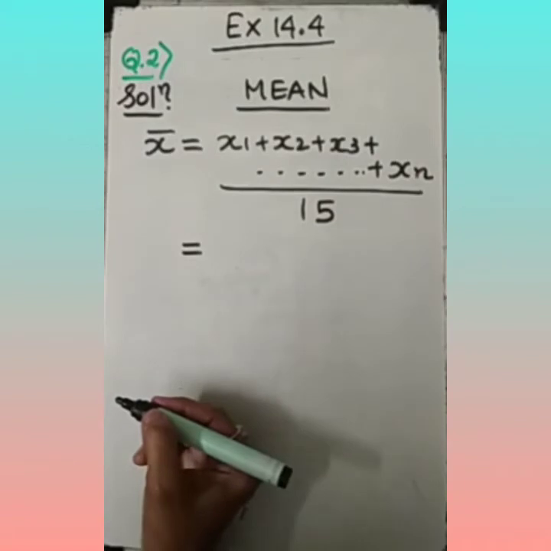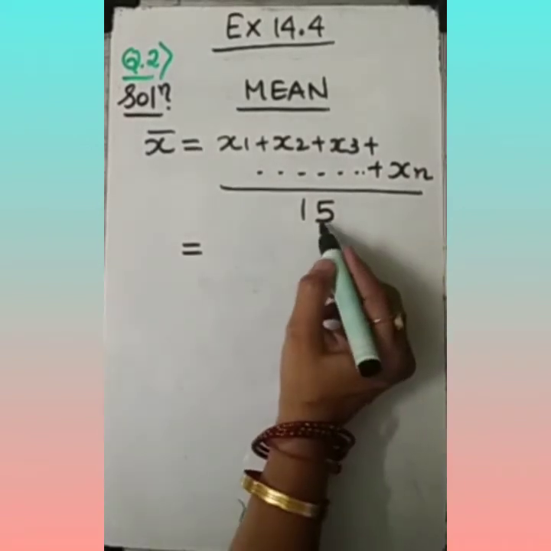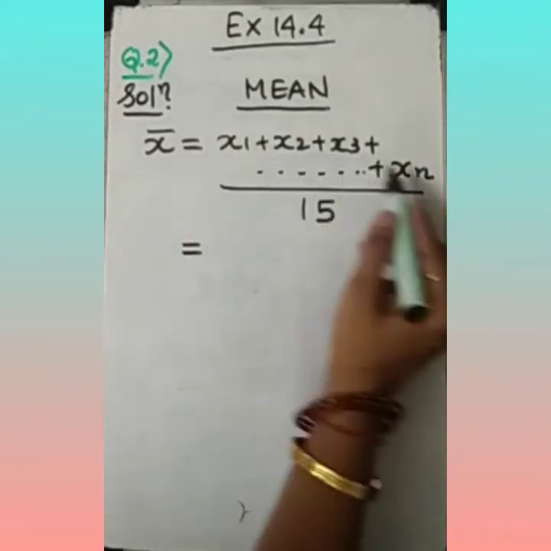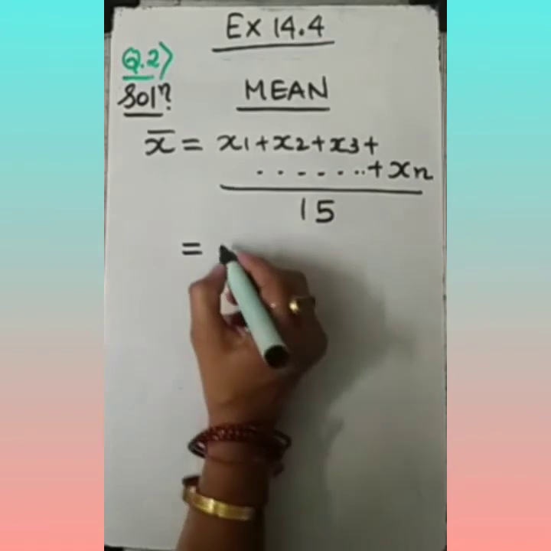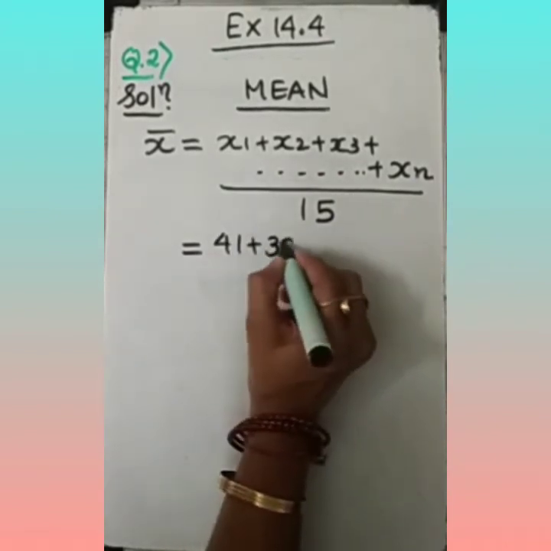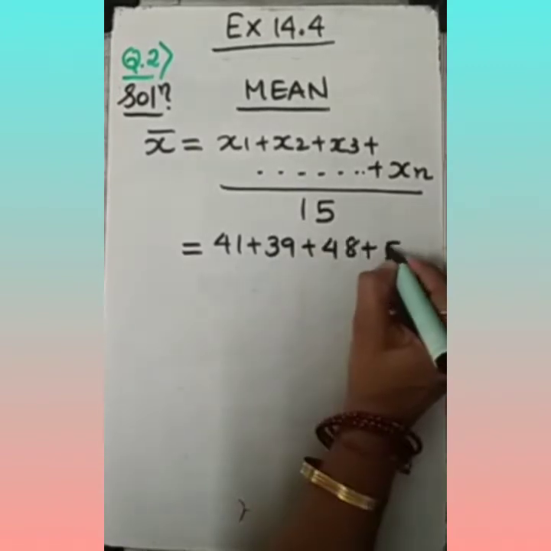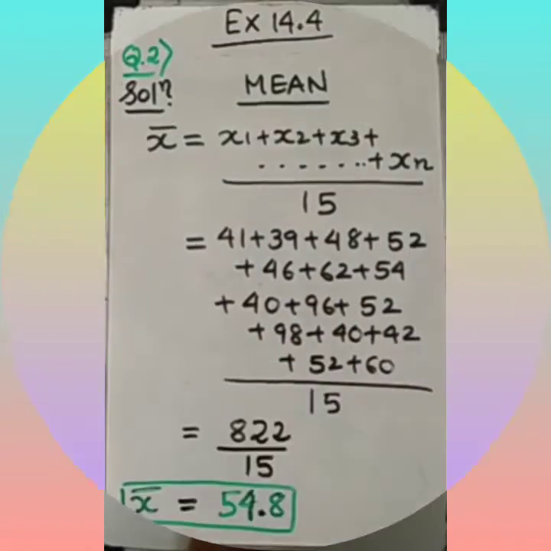In the beginning of the question it is given 15 students, so with that total number of students we are going to divide the sum of all marks of all these students. In our next step, let me add all these numbers: 41 plus 39 plus 48 plus 52.